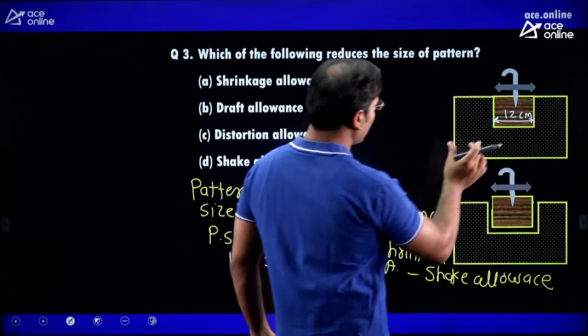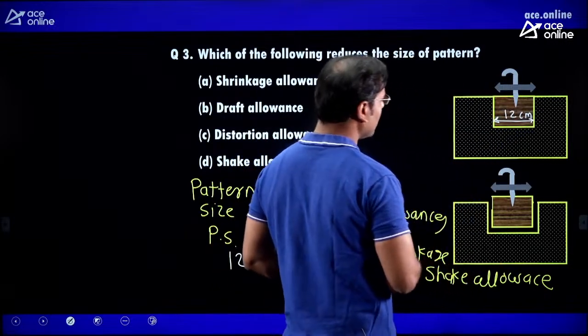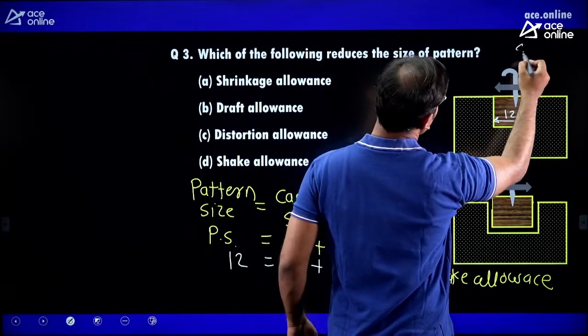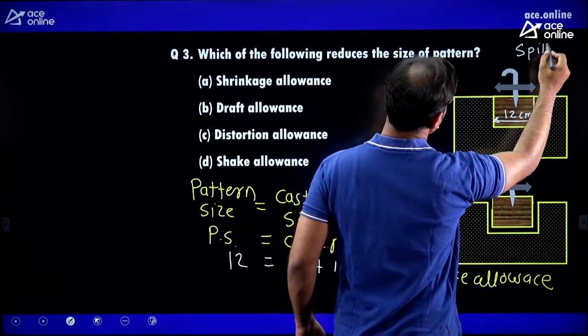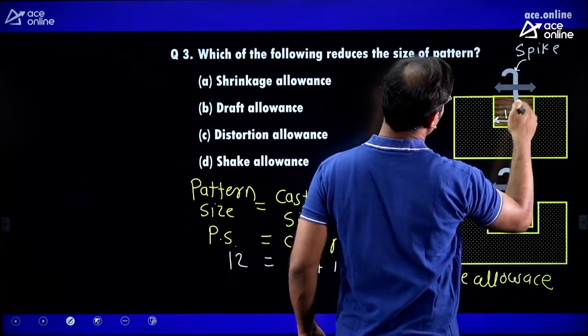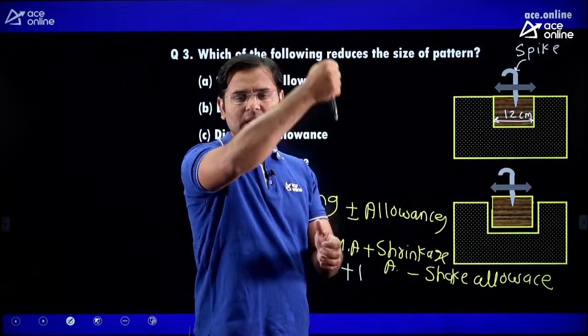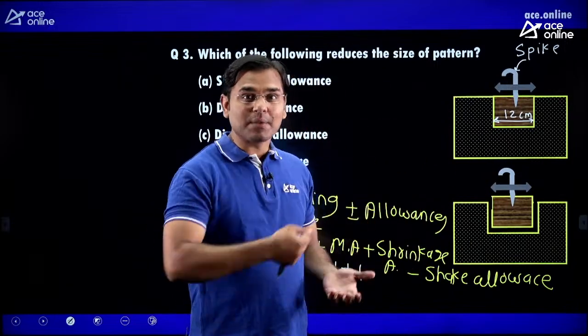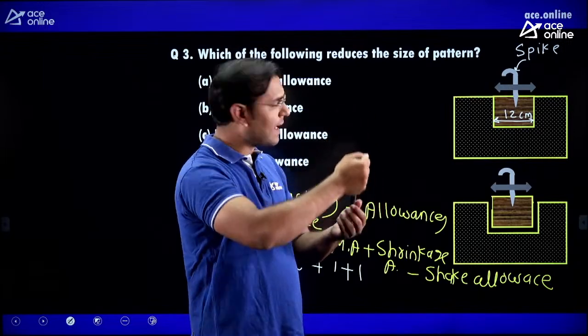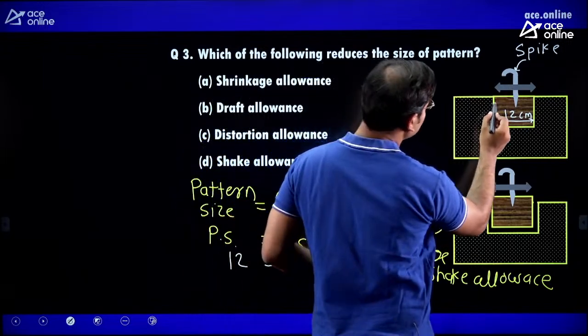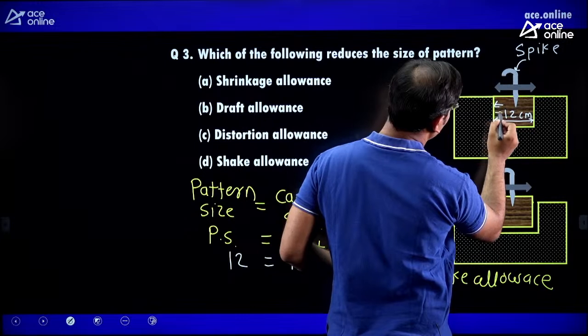Now see, when we have to remove that pattern, this is the spike, and with the help of the spike we lift that pattern. We hold the spike and lift the pattern. While lifting, I am moving it like that, and because of that some forces occur on the mold wall.